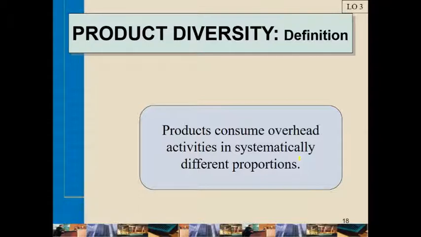Your product may have different complexity, like lahi-lahi ang setup time, lahi-lahi ang size kada batch sa imuhang product, di ba? So, dili ra ka magbuhat og same product all over again and again and again.